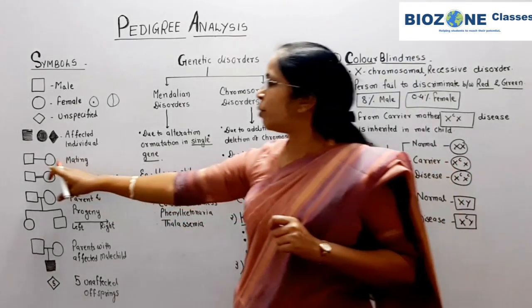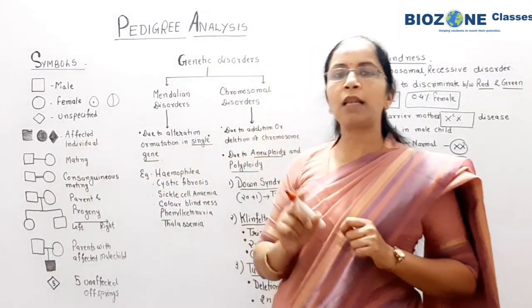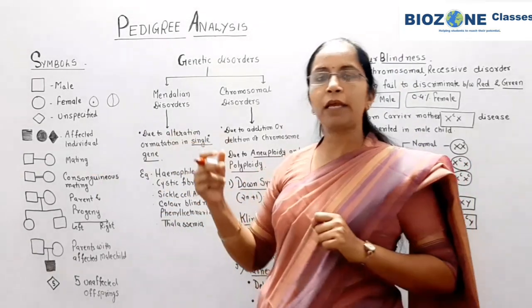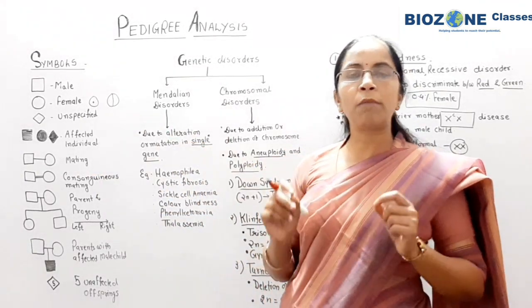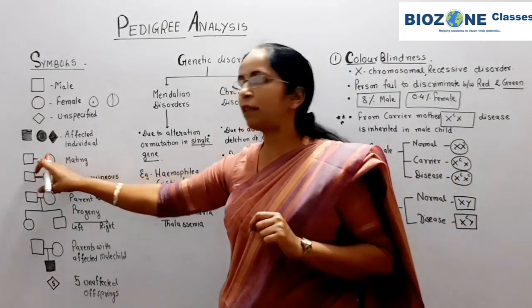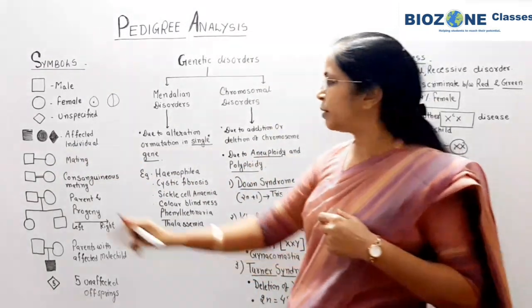Now, when in between the male and female individual a single line is present, then it represents the mating or marriage between non-blood relatives. That means there is no relation between the male and female in terms of their blood relations.